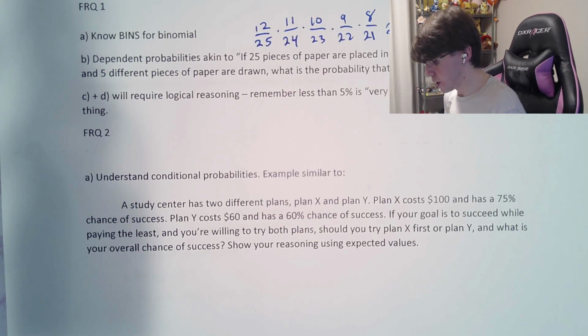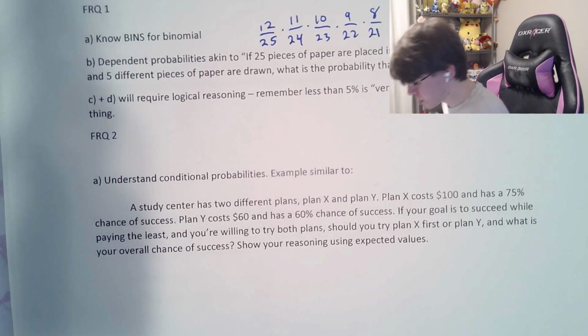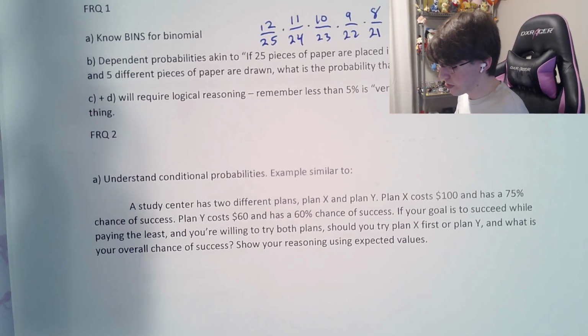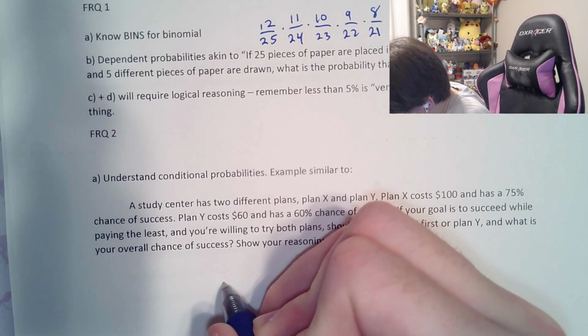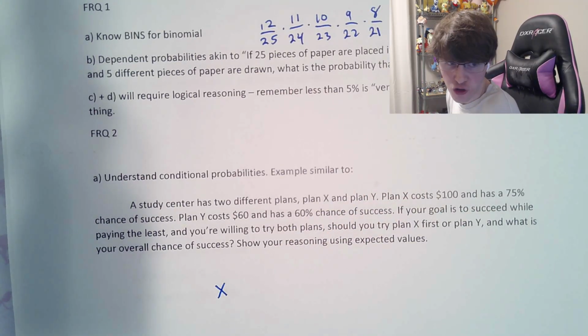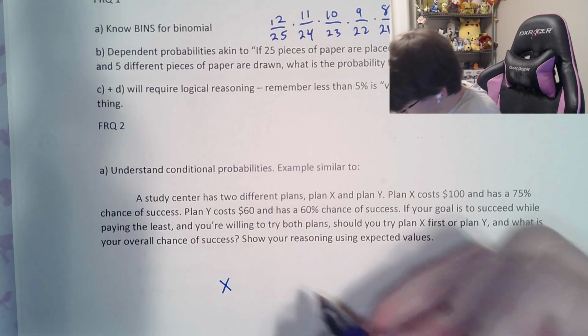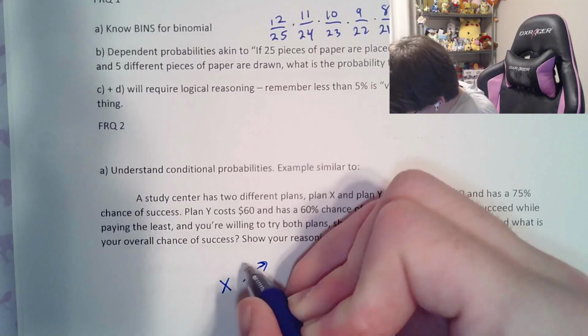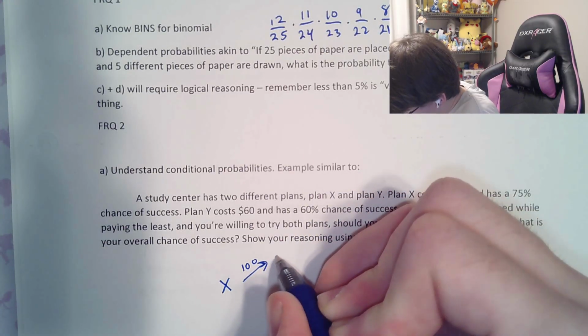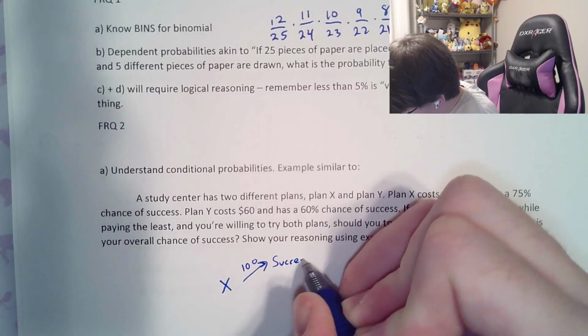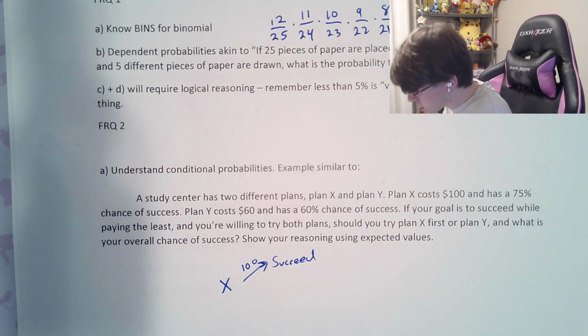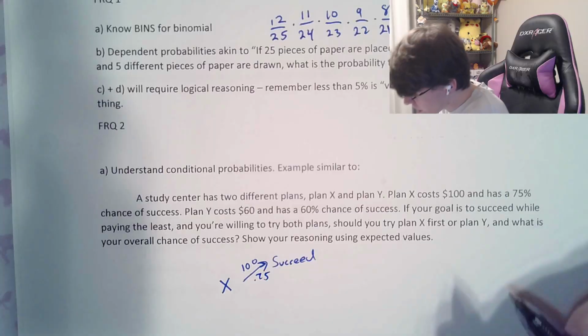Okay, so let's do a little tree situation. Let's start with Plan X on the tree. If you start with Plan X, you have spent $100 and you can succeed, and you will succeed at a 0.75 rate.